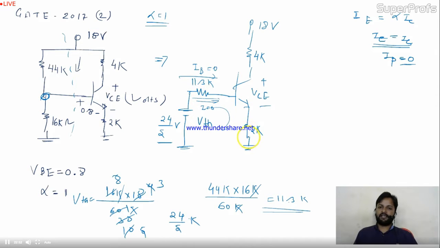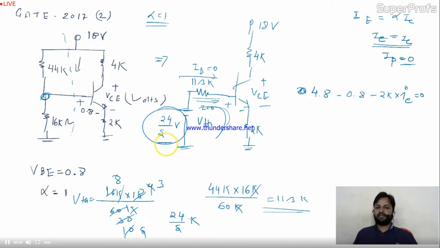IB is not given, so it is 0. I start with 24 by 5, that is 4.8 volt, with no drop across the resistance. Then minus 0.8, minus 2K into IE. I applied the mesh analysis in this input circuit.